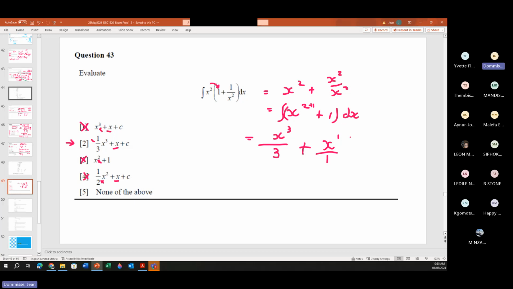And then, as always, we don't know if there was a constant, so we will just add a c back into it to say, if there was a constant, we will add back the c. So our final answer will be x to the power of 3 divided by 3 plus x plus c, which is option 2.